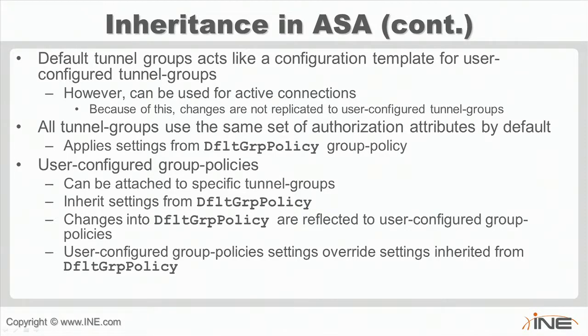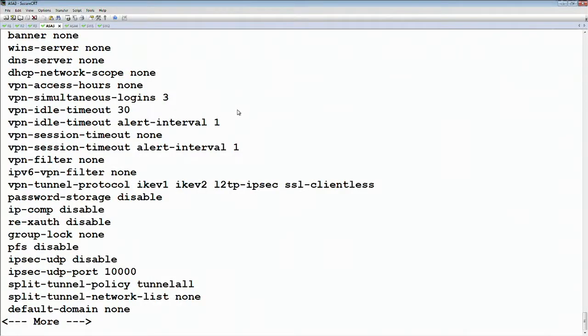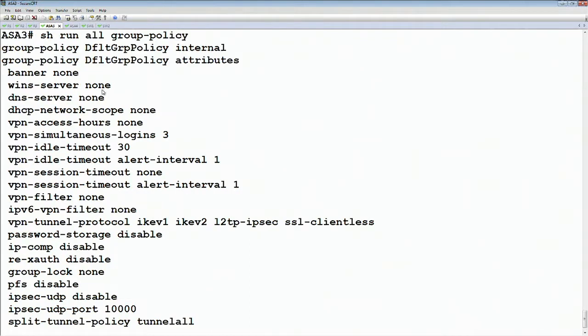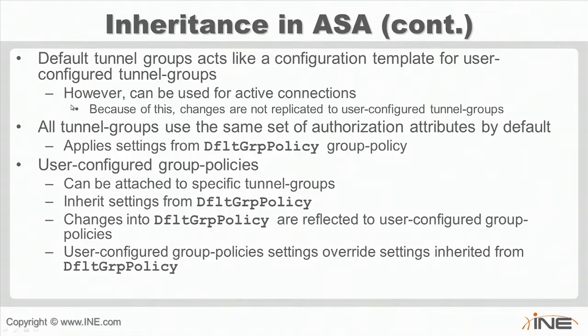Let's say that in the default group policy I have a default internal DNS server, 10.1.2.3, but for some specific users I want to give them a different one. If I configure a new specific group policy and apply it to that specific tunnel group, whatever attributes are more specific there are going to override the ones that come from the default policy.